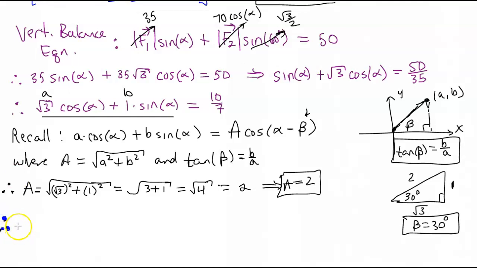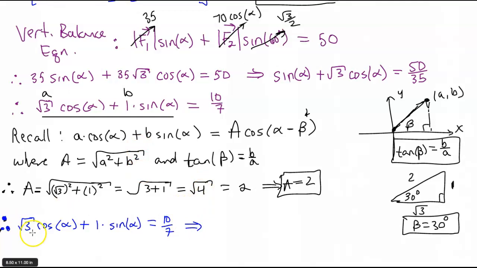All right, so therefore, we know that square root of 3 cosine of alpha plus 1 sine of alpha equals 10 over 7.